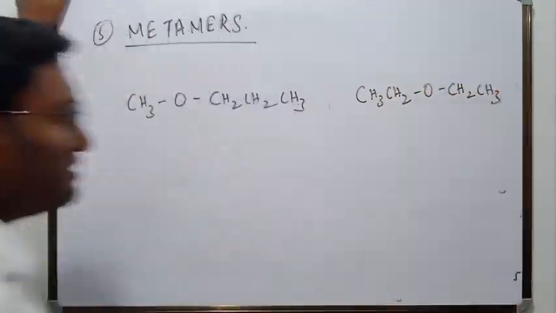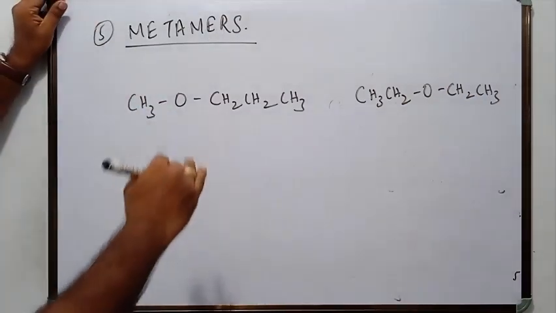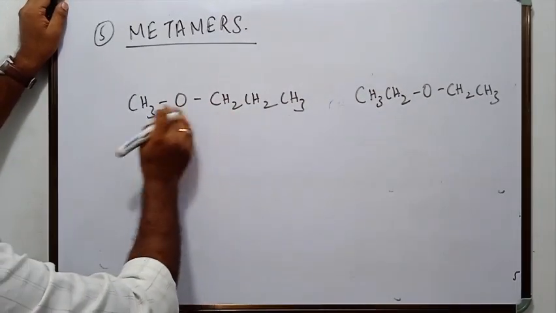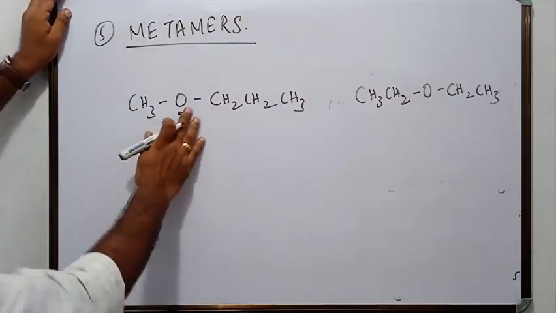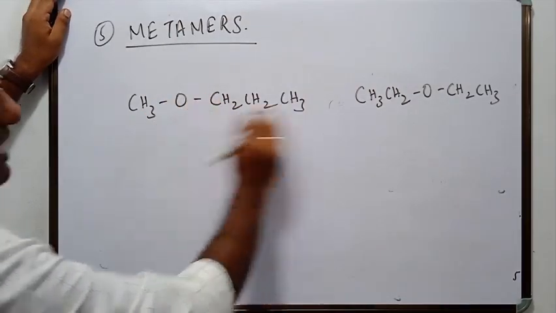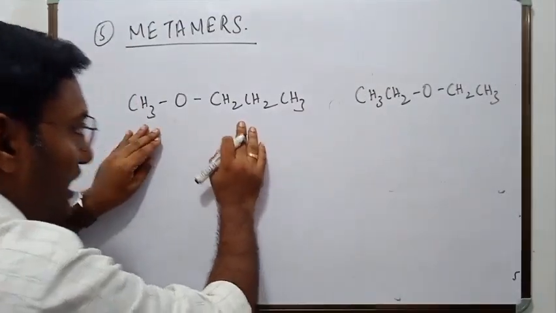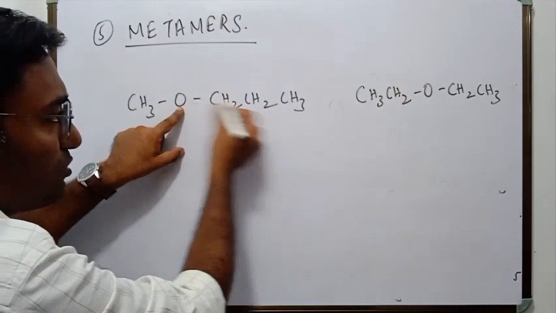What is the difference between the two? These are those isomers which are different with respect to the carbon atoms on either side of the functional group.